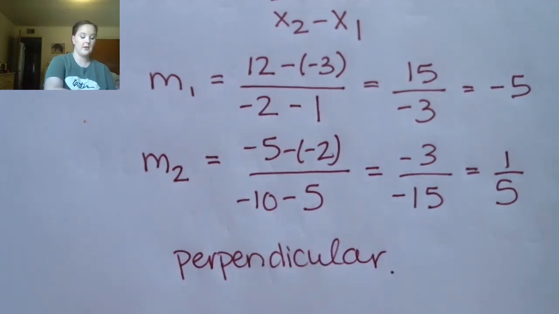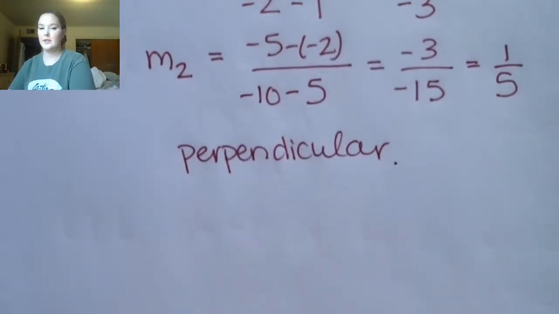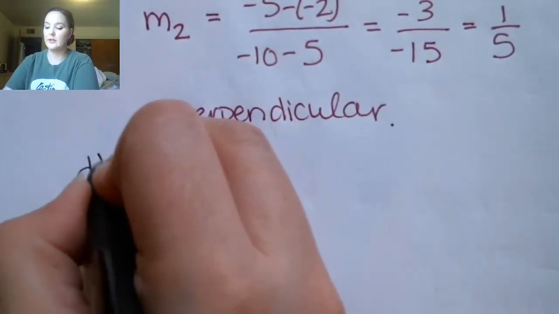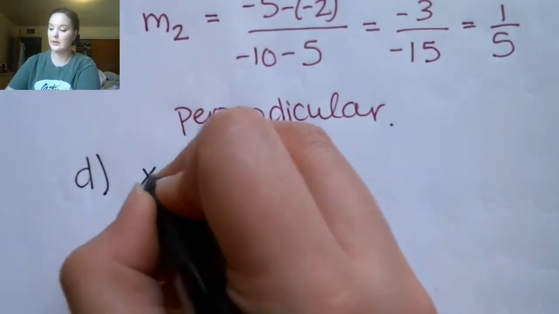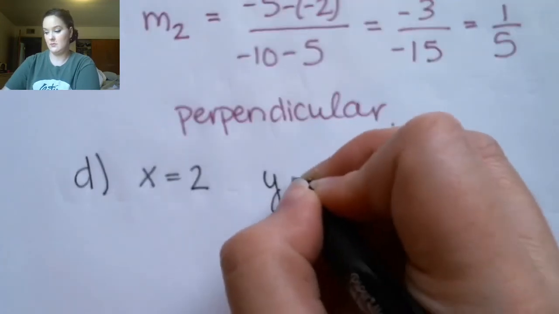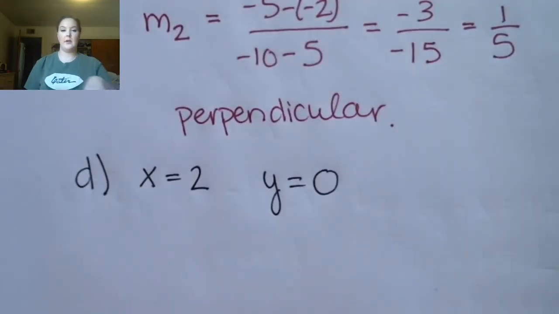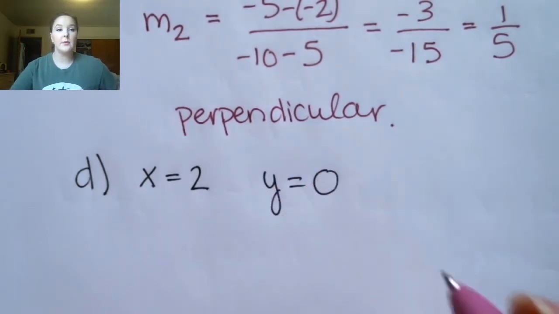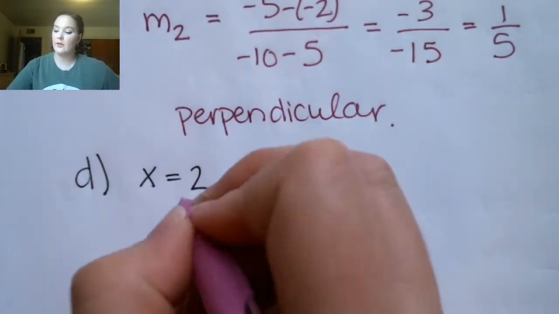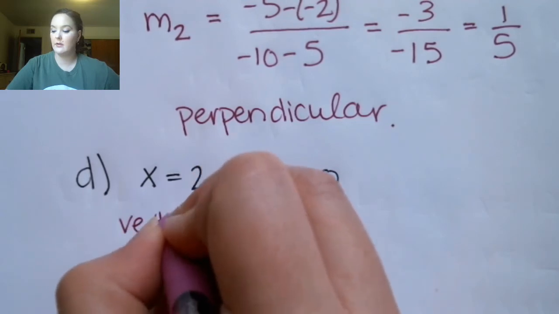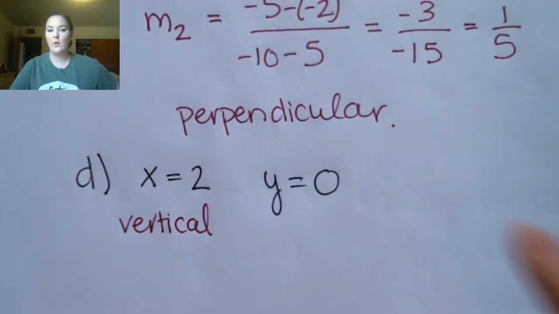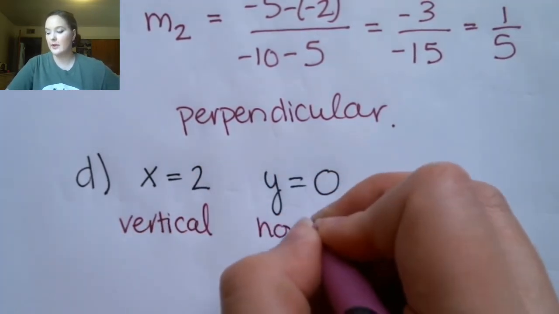All right. Last part to this question, still asking, are the lines parallel, perpendicular, or neither? Now, x equals 2, remember from the very beginning of the video, this is a vertical line. Y equals 0 is a horizontal line.